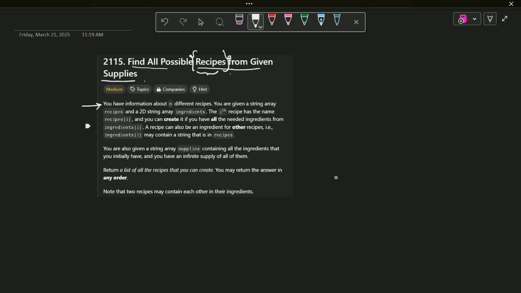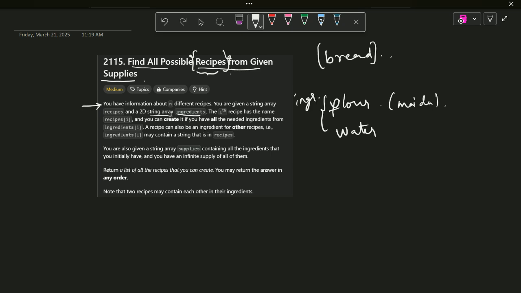You have information about n different recipes. You are given a string array recipes and a 2D array of ingredients. Suppose you are preparing bread, you need flour, that is maida, and water. For a recipe, we are given the ingredients in a 2D array.